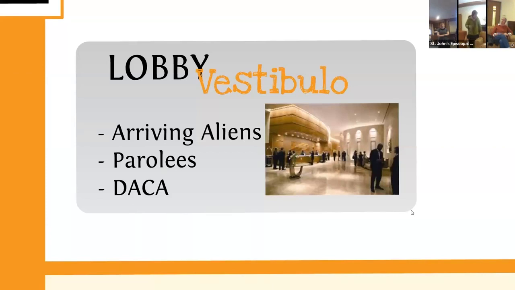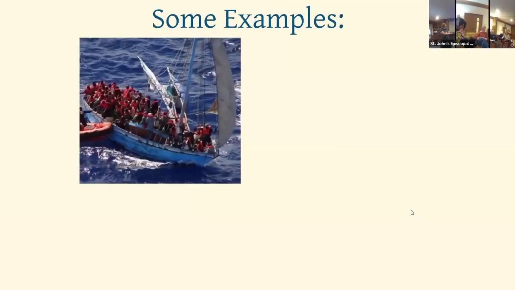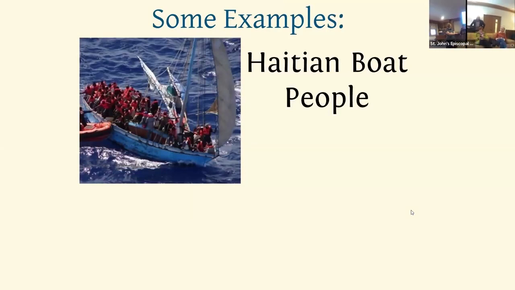It's usually like 1 to 2 to 3 years. And now there's a lot of Venezuelans and Nicaraguans who also have parole, which means they're allowed to be here. But unfortunately, for Venezuelans and Nicaraguans, they don't have access to any government benefits. So that's a problem in our work. And then DACA, I think you all know what that is. So here's the examples I just explained.